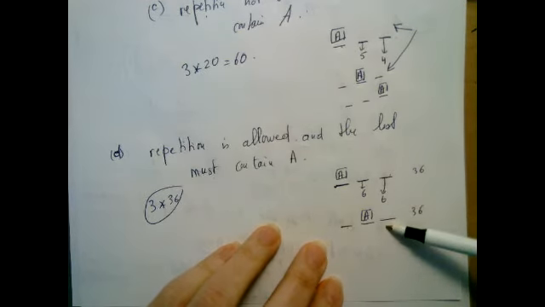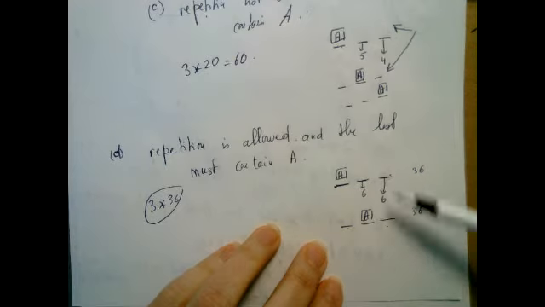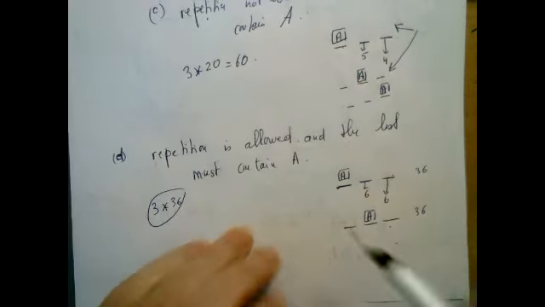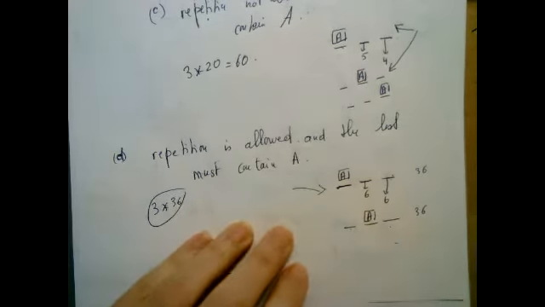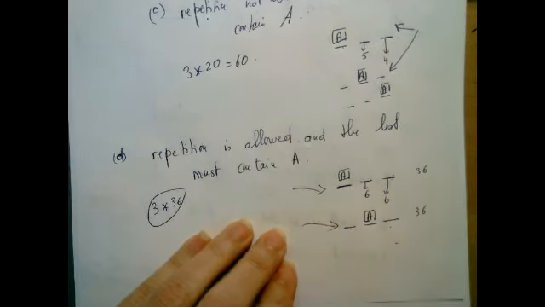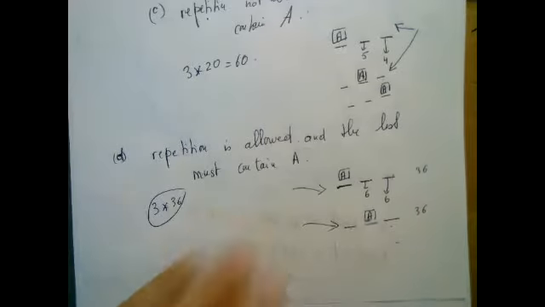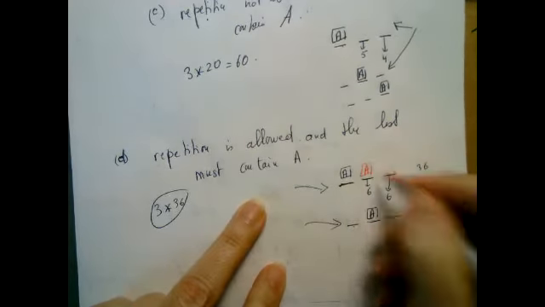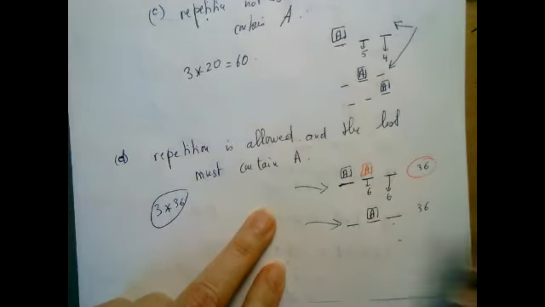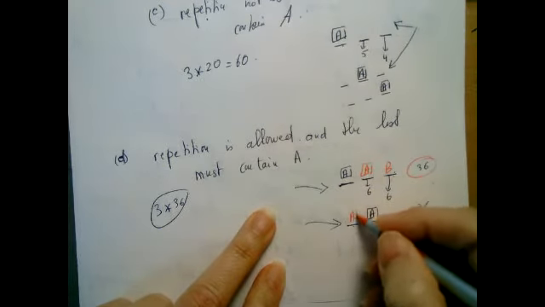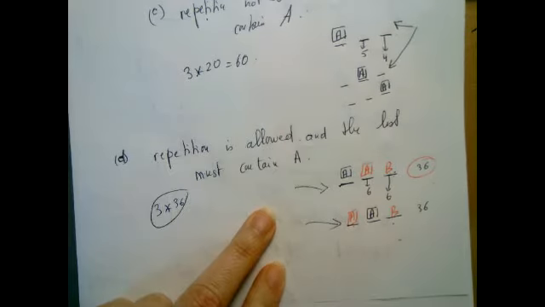But here's the question. Are there things in common between this situation and this situation? Can I have a string that satisfies this property, and also satisfies this property? Absolutely yes, because they can repeat. So the scenario AA is allowed here, and it is allowed here as well.